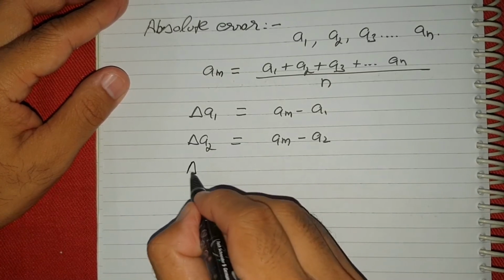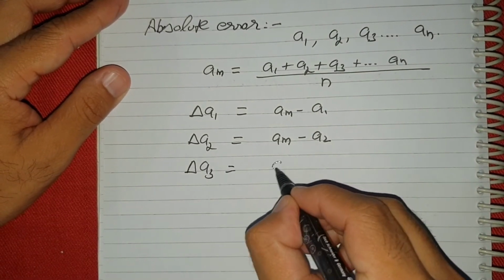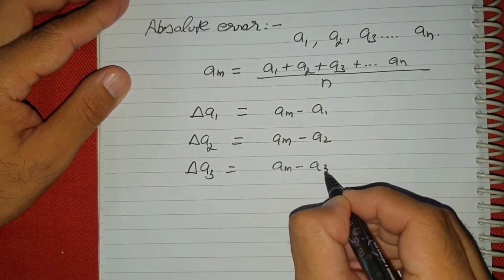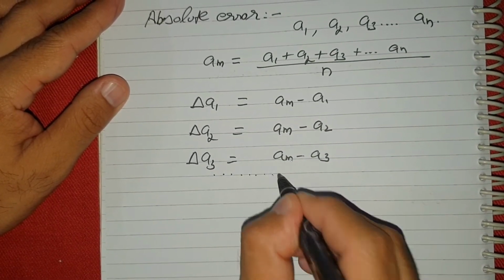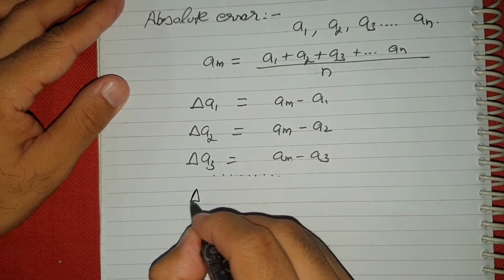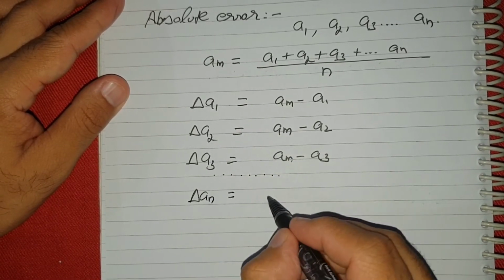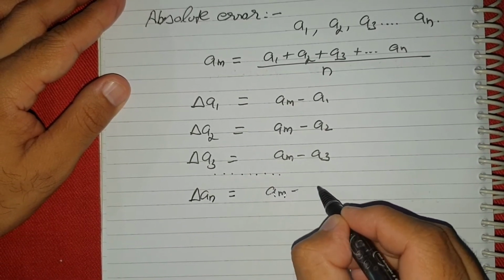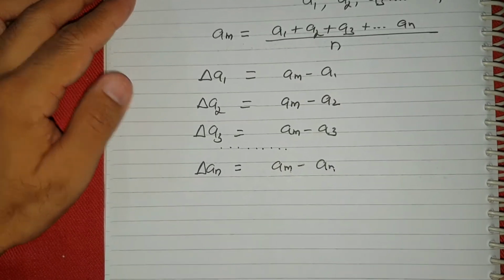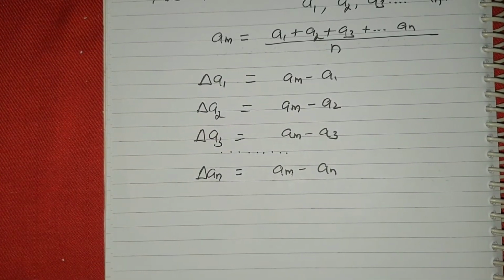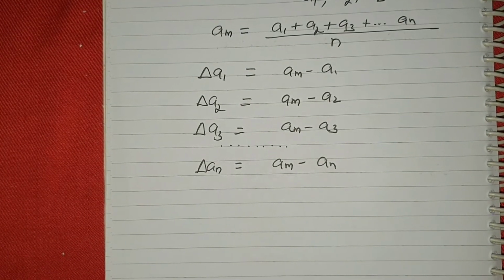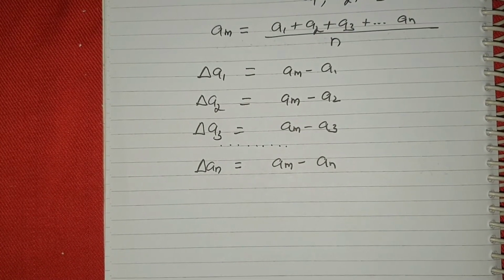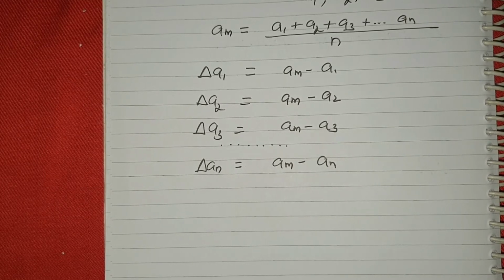Delta A3 will be AM minus A3. And so on, till you get delta An equals AM minus An. So this is what the absolute error is. This point is to be noted: the absolute error can be positive and in some cases it can be negative.